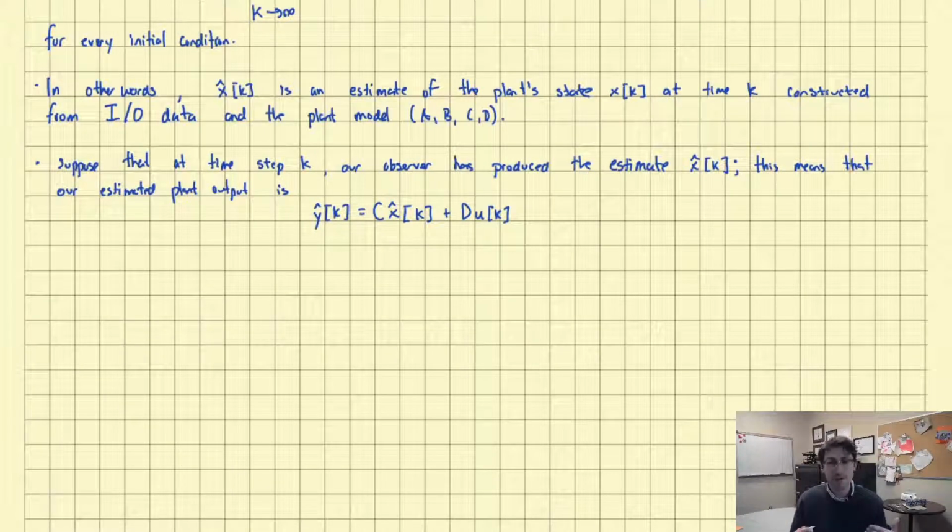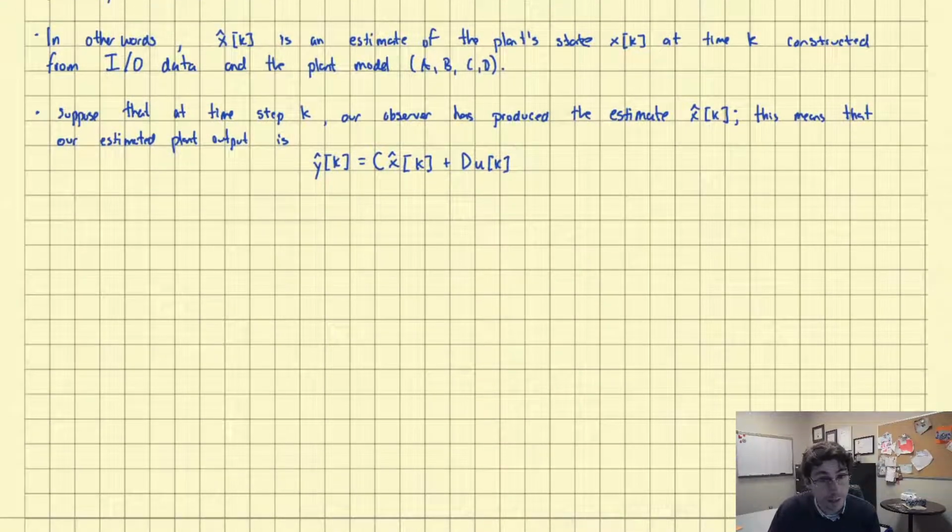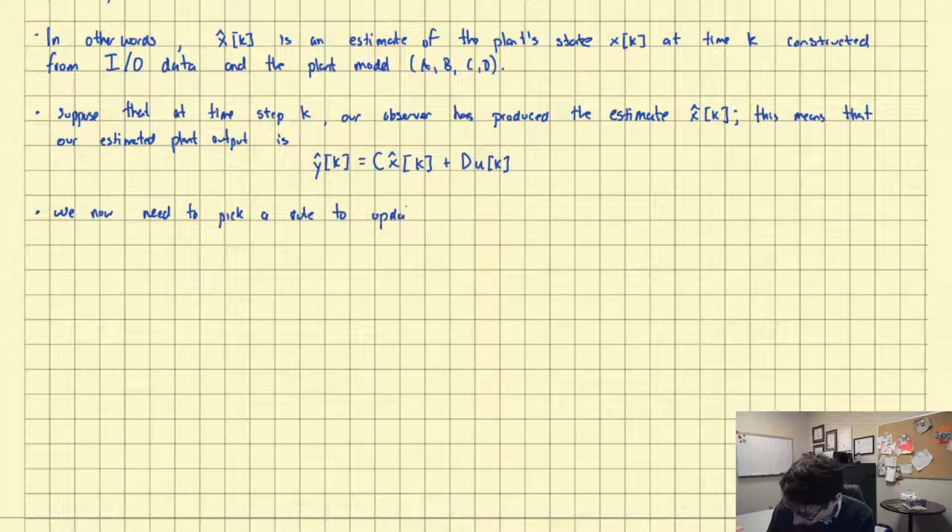So now, if you have this information, what do you choose to be your next estimate? This is something we get to decide. It's our decision, it's our design. So we now need to pick a rule to update our state estimate at the next time step, so at time step k plus 1.